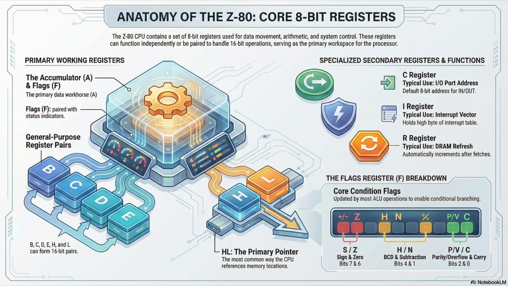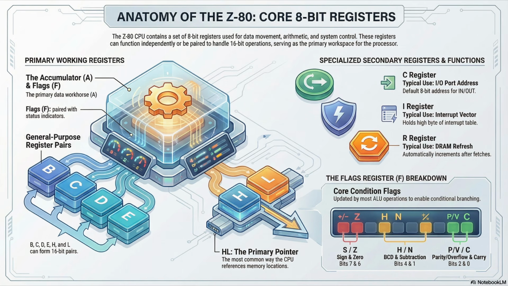The C register is the default 8-bit I/O port address for in and out commands. D and E. These are also general purpose registers, often used as a 16-bit DE pair. The E register frequently serves as a low byte for memory offsets.